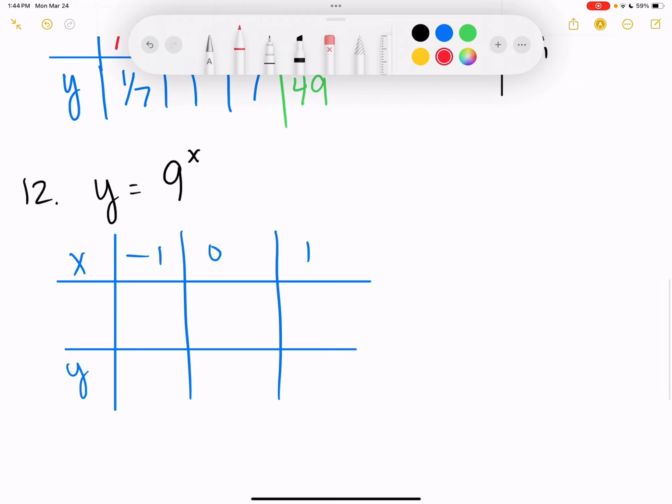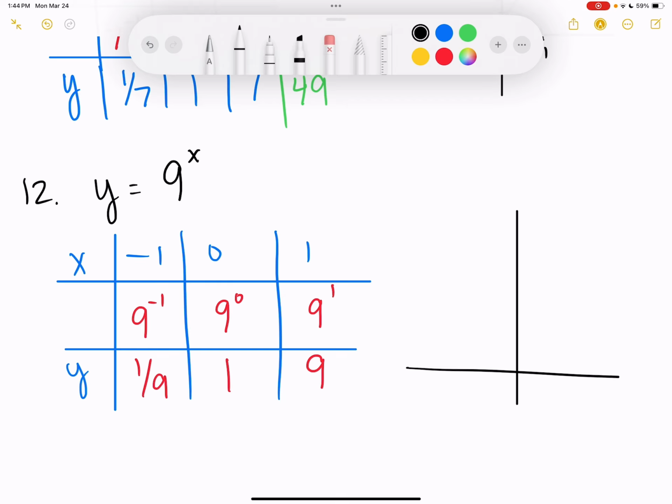In this middle one, I'm just going to do my work. So 9 raised to the -1 is what? 1/9. 9 raised to the 0 is 1, and 9 raised to the 1 is 9.